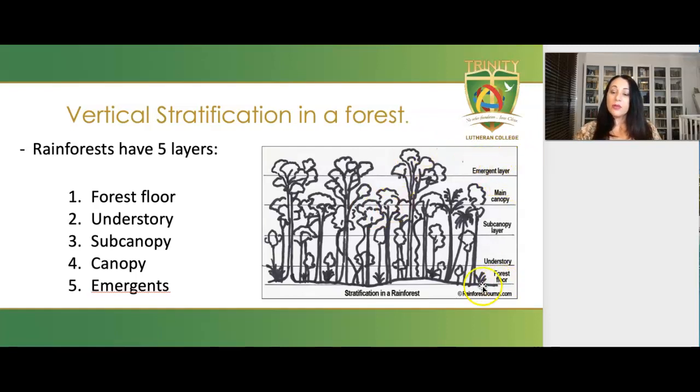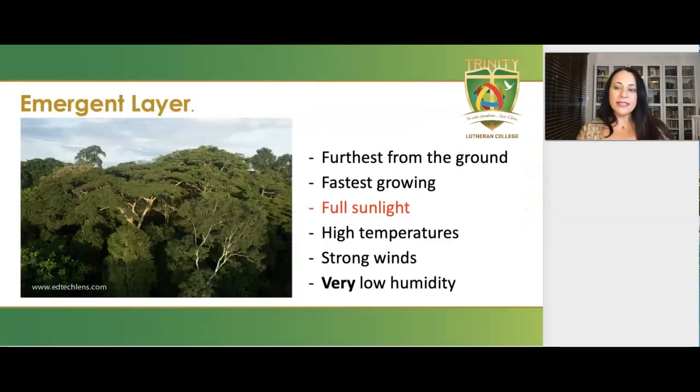We start at the forest floor, our first layer, and it's really dark down there because not much light is going to be able to penetrate down through all the other trees. The understory, the sub-canopy, the main canopy, and of course the emergent layer. So let's start at the top of the world. The emergent layer is the furthest one from the ground.